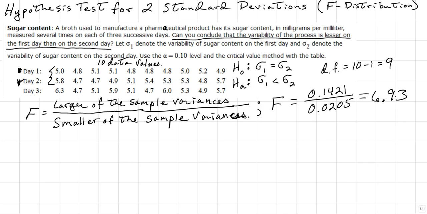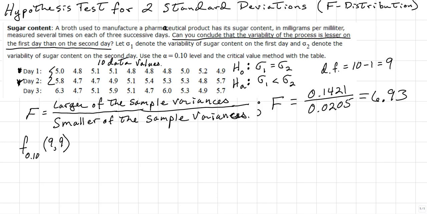Now, let's go ahead and find our critical value. The critical value is going to be little f at significance 0.10, with degrees of freedom for the numerator and the denominator. And we're going to use the F distribution table, and there are so many different variations on that, depending on the textbook that you're using or depending upon the website that you copy it from.